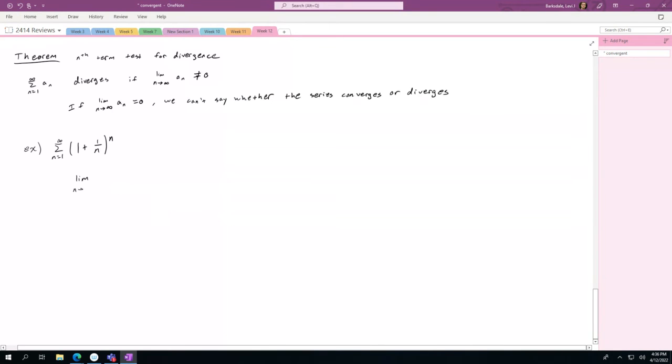Well, by the nth term test, we need to say what the limit as n goes to infinity of (1 plus 1 over n) to the n is. Do you happen to recognize this limit? It is a special limit. We actually say that this limit is e.